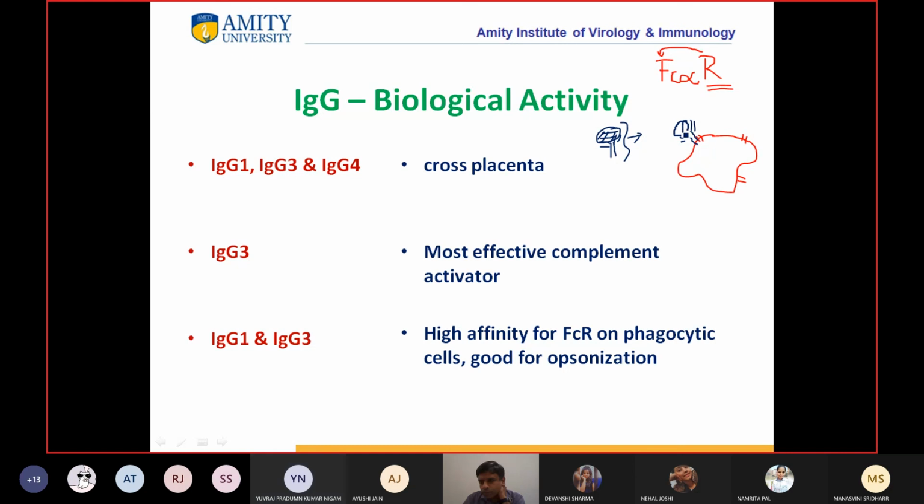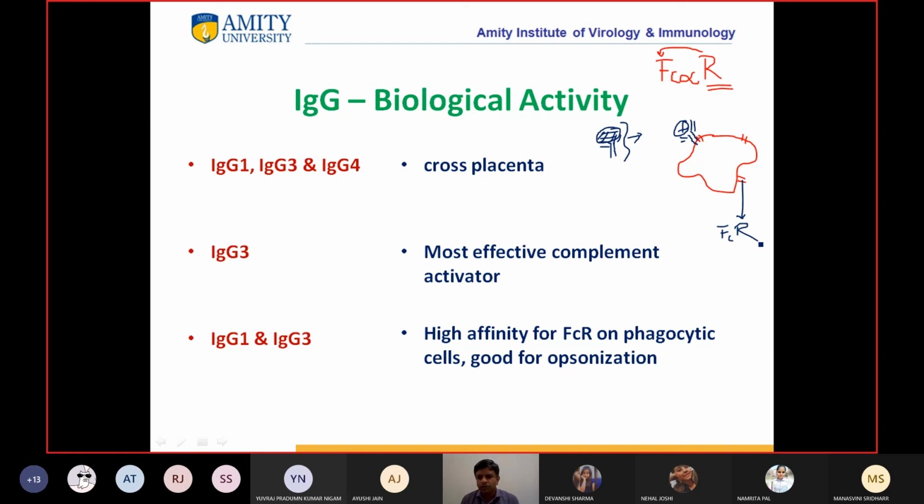Yes, sir. And these receptors are called the FC receptors. Okay? And the binding of the antibody to these receptors leads to phagocytosis of the pathogen.